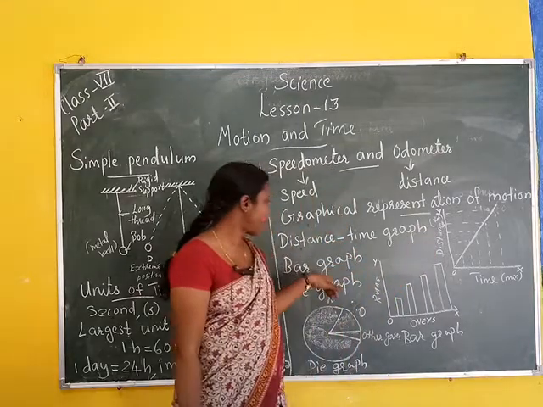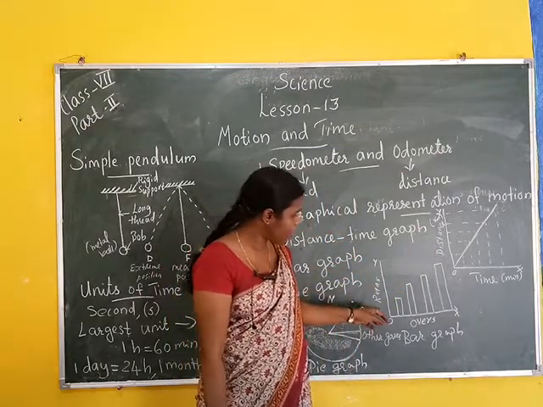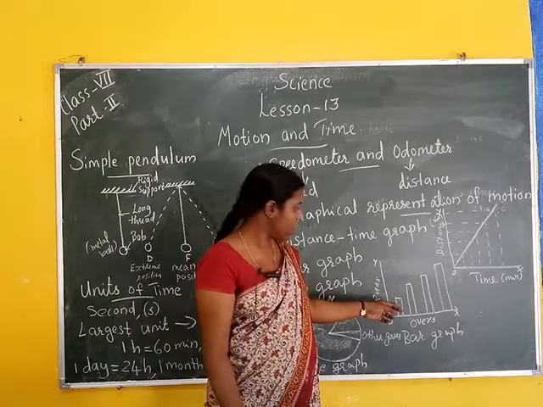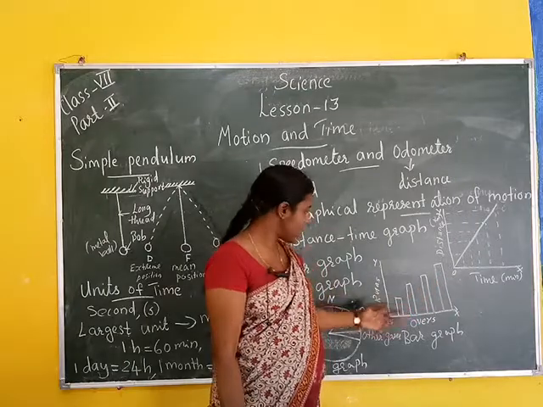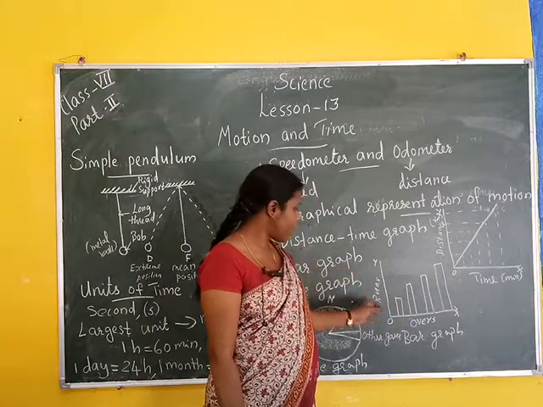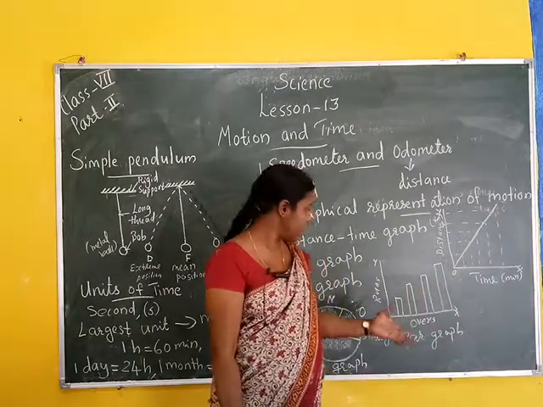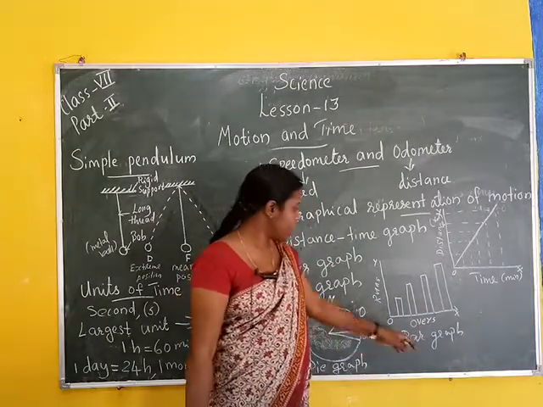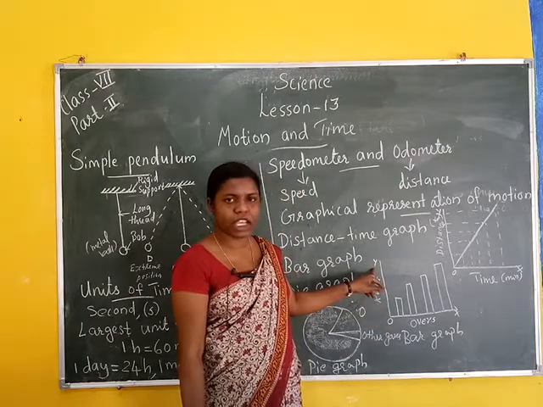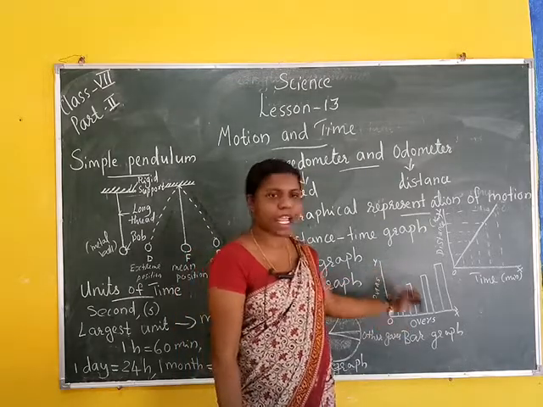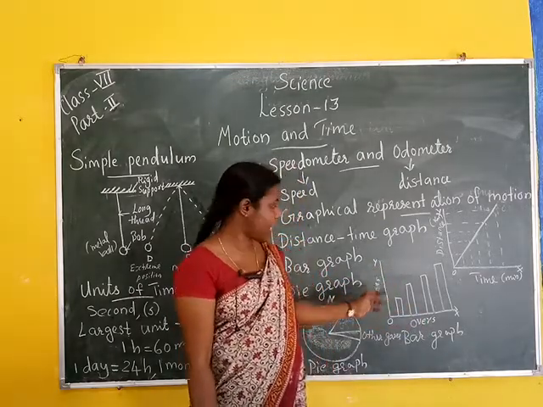Next is the bar graph. A bar graph is made of rectangular boxes. One example is a cricket match, with overs on the x axis and runs on the y axis. There are two axes, x axis and y axis.